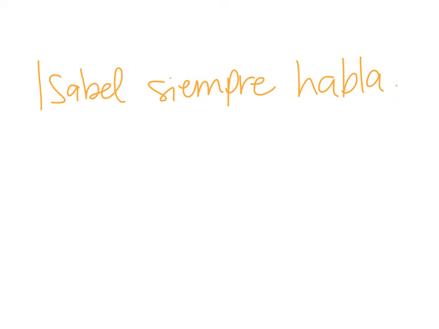Well, that means Isabel always speaks, right? Or always talks. So this word siempre that we have right here is the adverb for always, and if you remember from the last chart, the word siempre is usually placed before the verb.